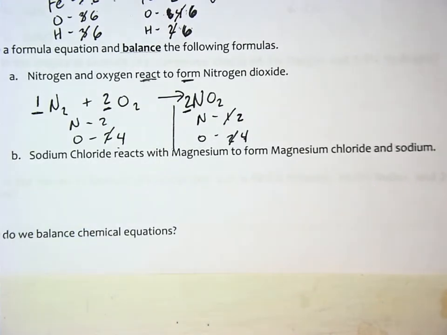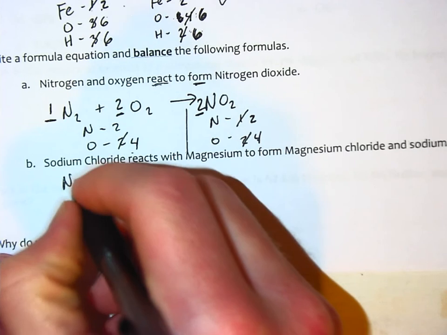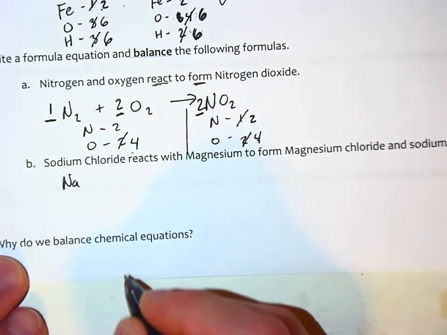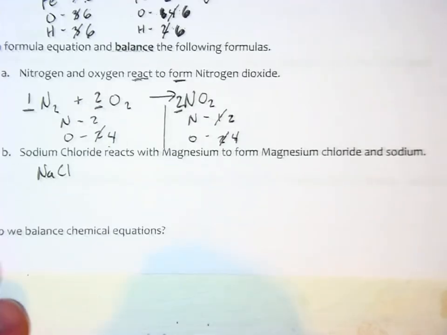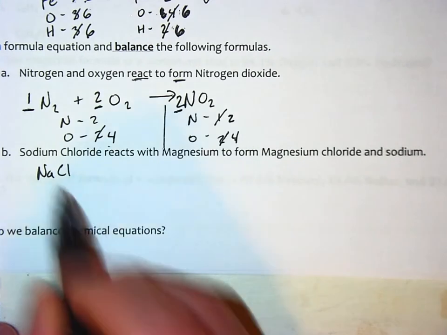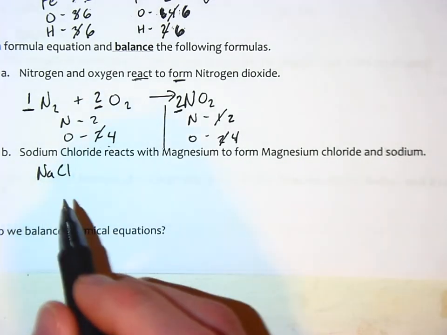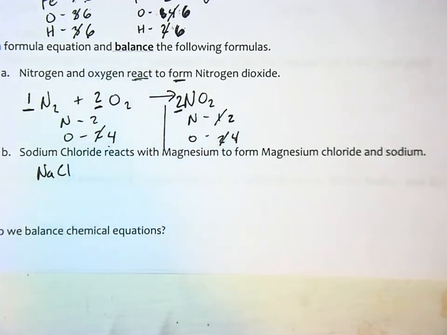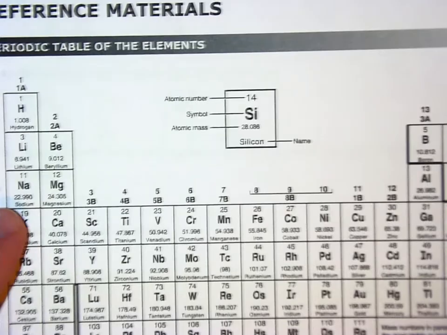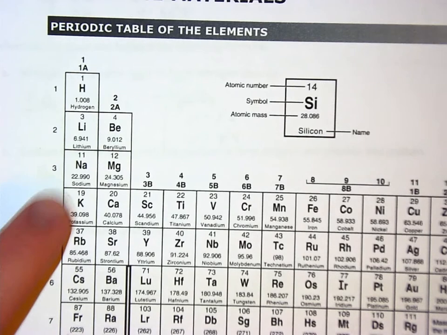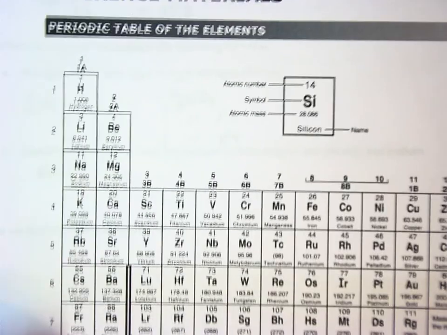All right, sodium chloride reacts with magnesium to form magnesium chloride and sodium. So here, sodium is Na, chlorine is Cl. Na on the periodic table has a charge of +1 because it's in group 1.